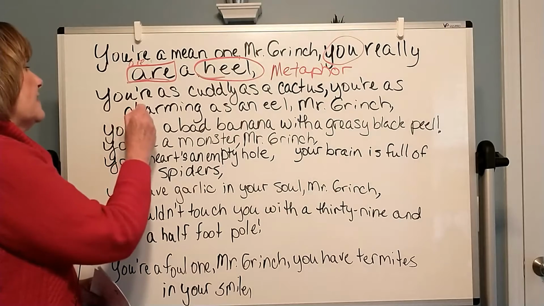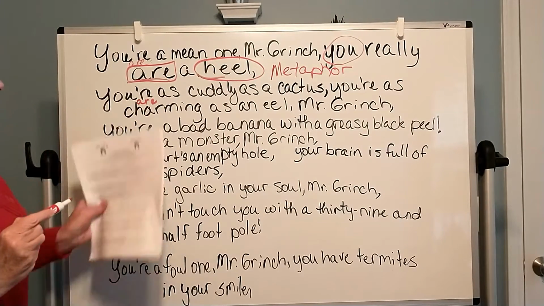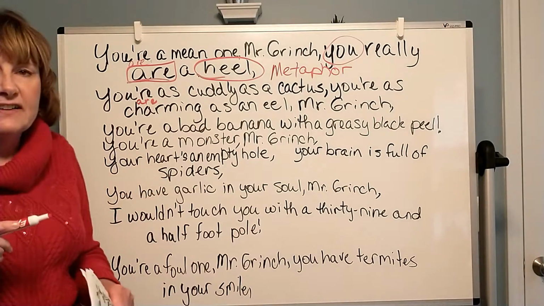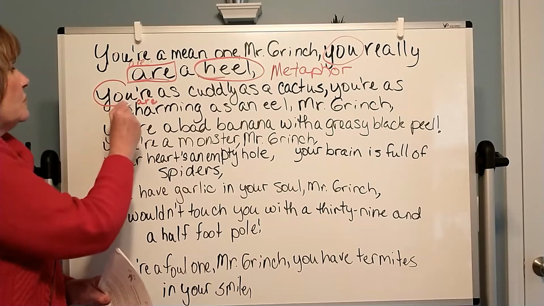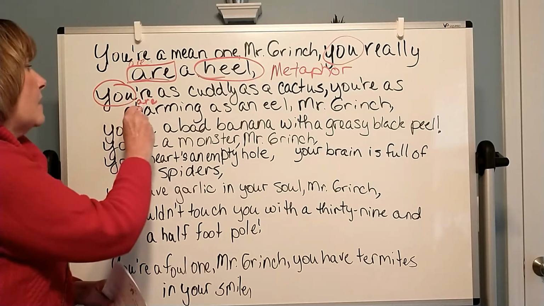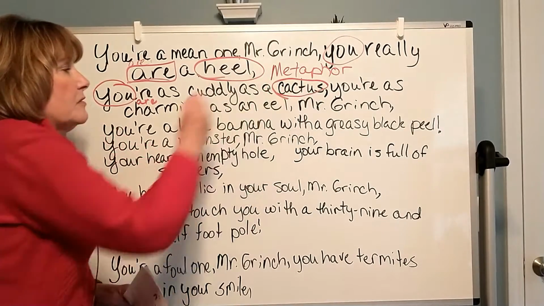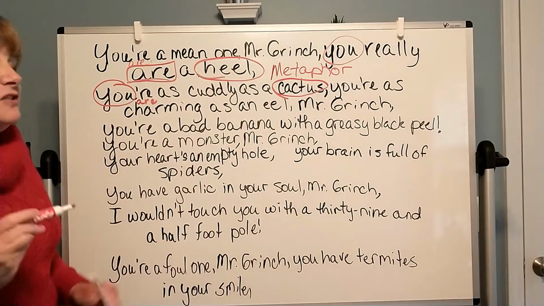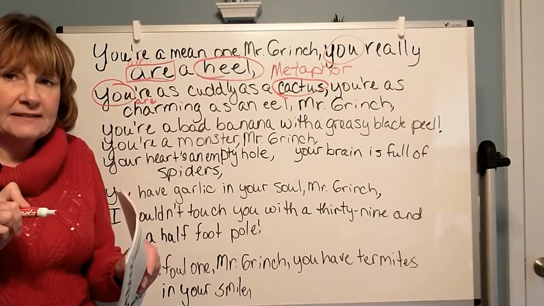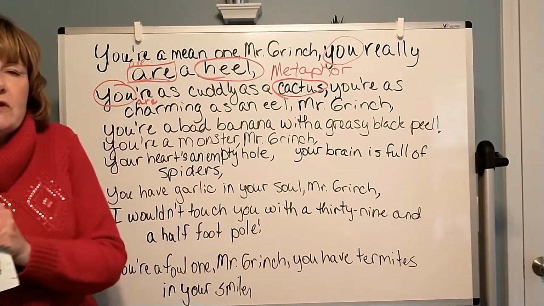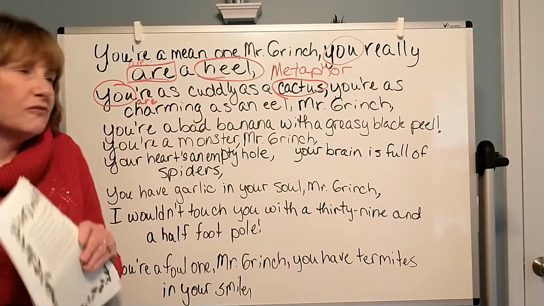Now for the next sentence, we have "you are," because there's your contraction, "as cuddly as a cactus." So what are we comparing Mr. Grinch to this time? It's you, meaning Mr. Grinch, are as cuddly as a cactus. So we're comparing him to a cactus, and we have a clue word here. Now remember, we're either looking for like or as to make it a simile, or we're looking for are, is, was, were for it to be a metaphor.